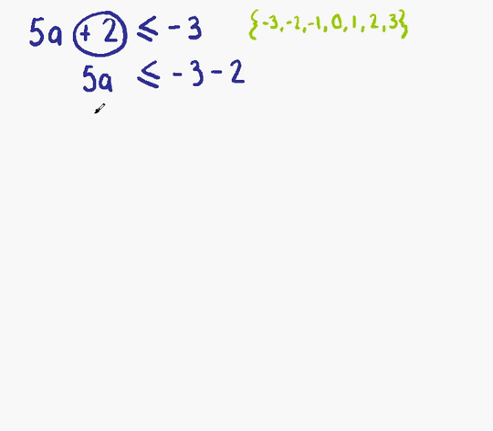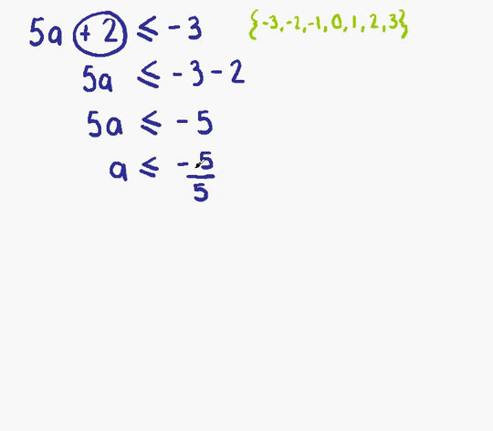So we have 5a is less than or equal to minus 3 minus 2. So 5a is less than or equal to minus 5. We want to solve for a. So a is less than or equal to minus 5 divided by 5.